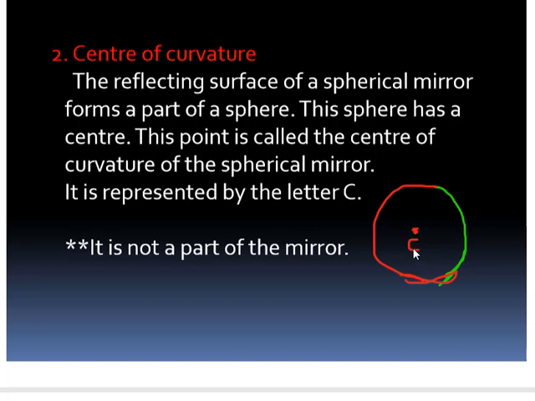Now, it is represented by the letter C. Now remember, this point is important: it is not a part of the mirror. The center of curvature is not a part of this mirror. See, this is lying outside the mirror. Here, as I have taken a concave mirror, the incident ray will be from this side, from inward.